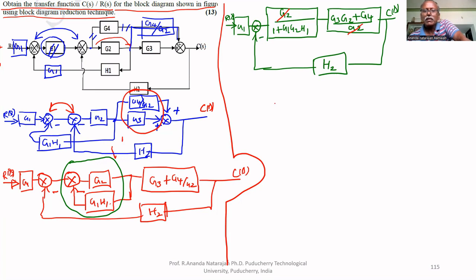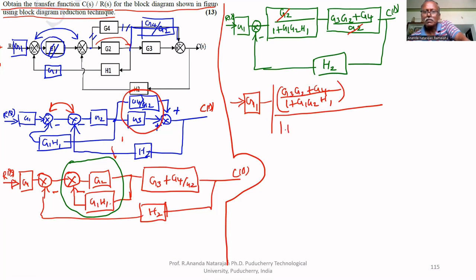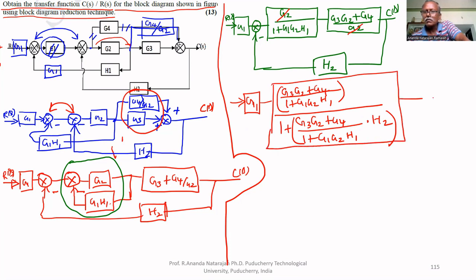If you remove this feedback by using the seventh rule, what you will get is G1 times (G3 G2 plus G4) divided by (1 plus G1 G2 H1), as the numerator, divided by 1 plus that same numerator multiplied by H2, as the denominator.